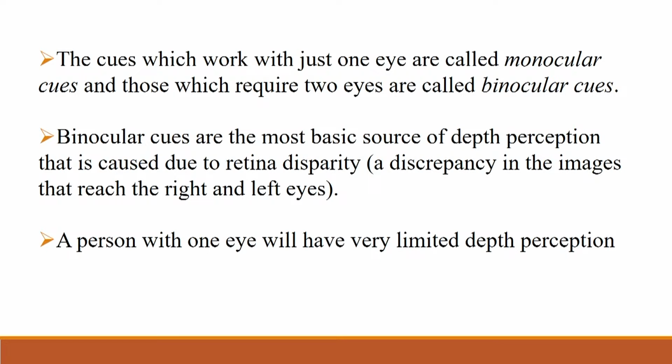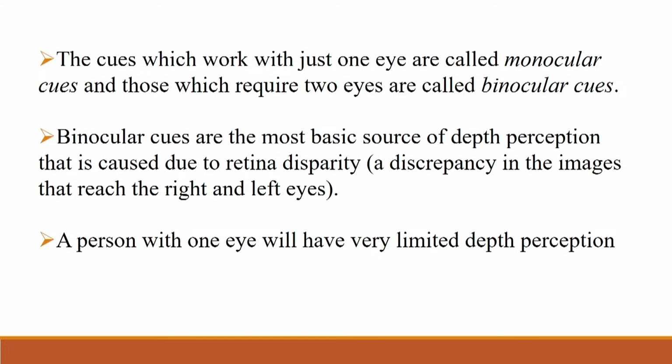Cues are basically signals for us in order to better understand the depth. There are certain cues which use one eye only, and these are also called pictorial cues, and there are other cues which use both our eyes. For example, there is a short distance between your left eye and the right eye.